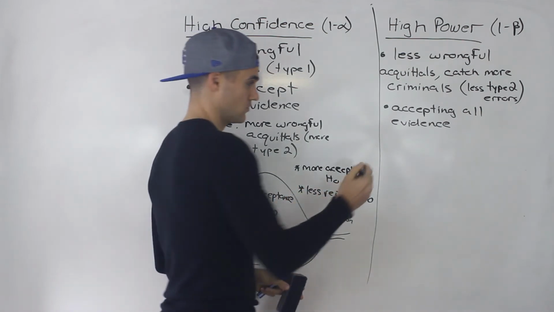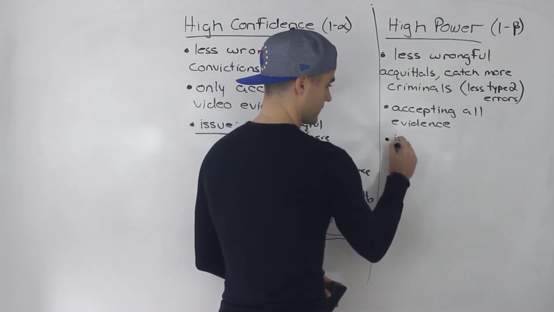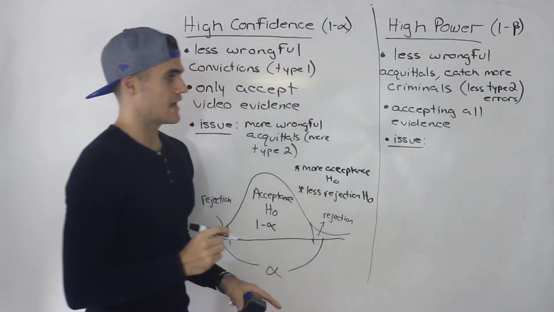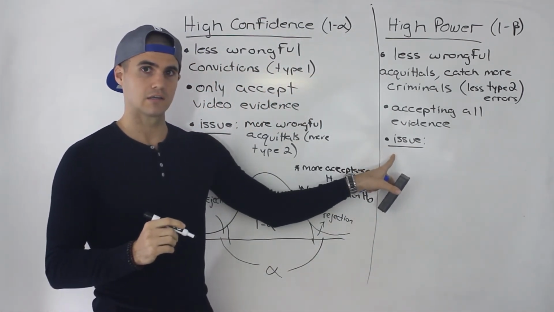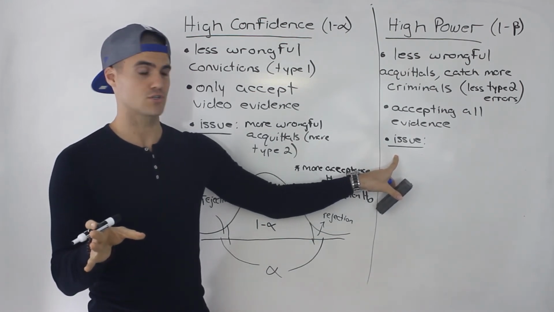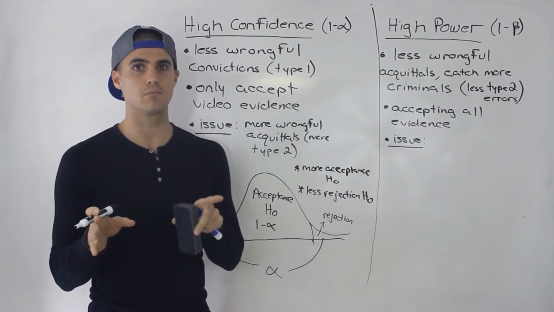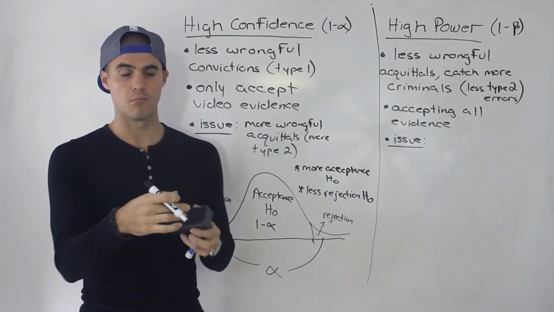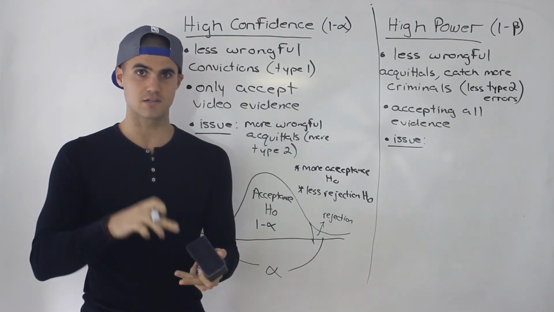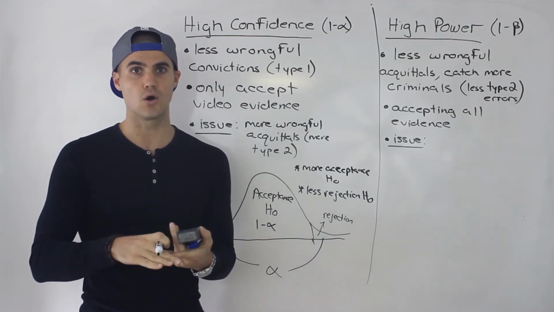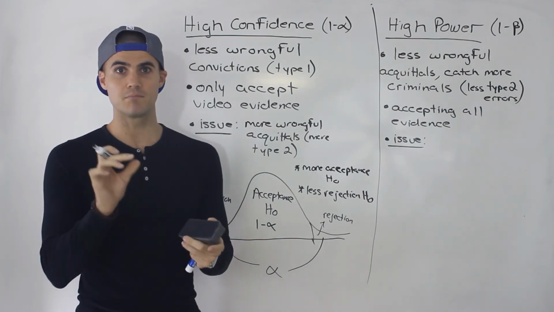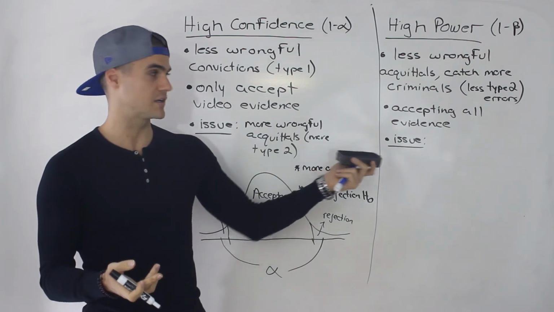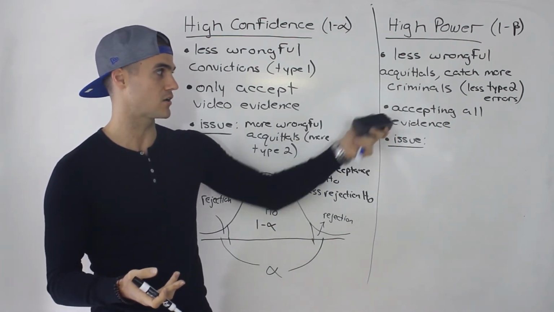But the issue with this kind of strategy is what? Is that you may be looking a little bit too much. So someone may claim that someone else robbed their house, but there's no witnesses, there's no video evidence, there are no fingerprints. But because someone just claimed that, it still has to go to court, because you're a high-powered judge, you're accepting all kinds of evidence.